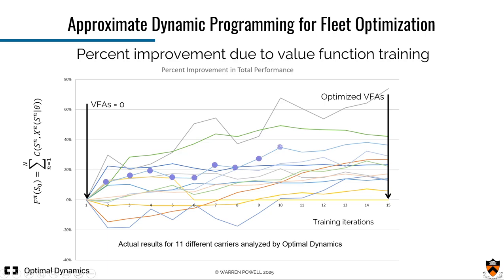Every blue dot represents the value of everything that happens over a 2-week simulation, solving 14 or maybe about 28 different deterministic integer programs, and somehow the results are getting better and better, even though each blue dot is the sum of the results of an optimal solution. What we're doing is we're changing the model, and we're changing the model so it works well over time. And for some carriers, we get a very significant improvement, up to 40 or 50% improvements in profits.